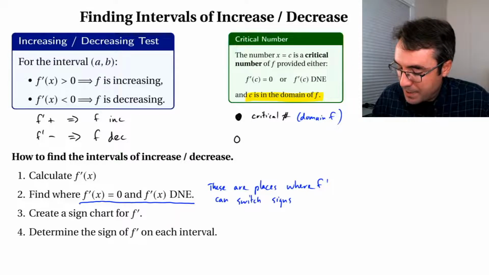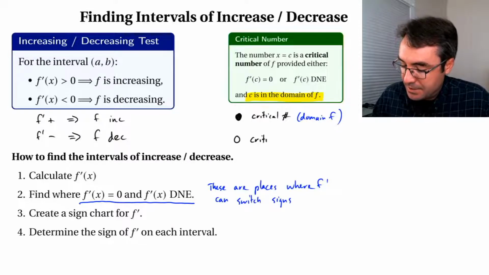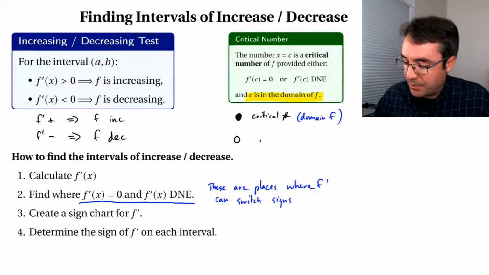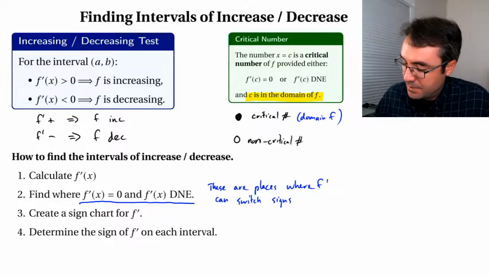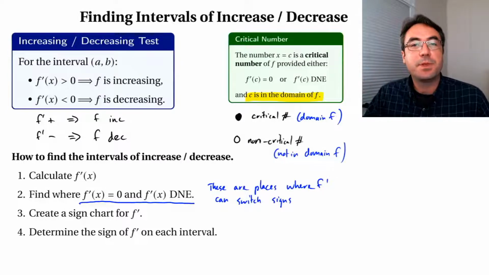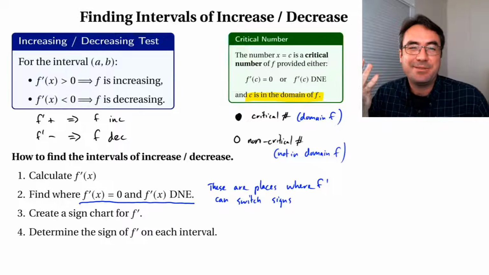And we'll use an open dot on our number line to indicate a non-critical number, something that almost fits the description, but not quite. So not in the domain. It'll be one of those places where f prime is 0 or f prime is undefined, but we'll use an open dot to indicate it's not actually in the domain of our original function.